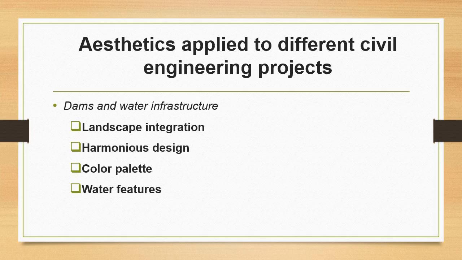Third, color palette, that is using color tones that match the natural environment, like cooler tones of blue and green, can enhance the scenic beauty. And the fourth one is water features, like on check dams, for example, the combination of vegetation and water flow can be managed to improve the aesthetic quality of the landscape.